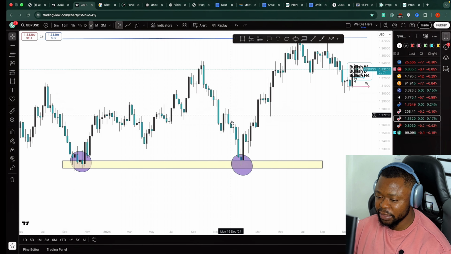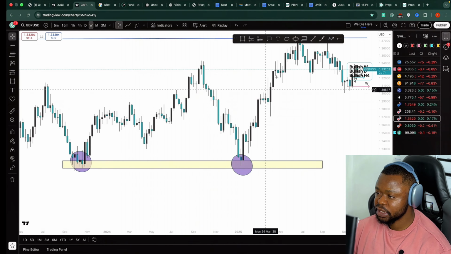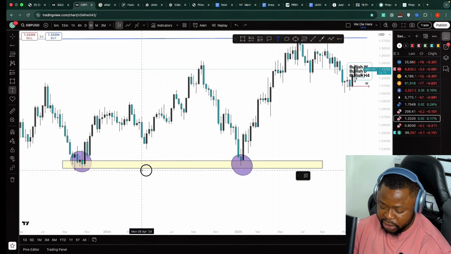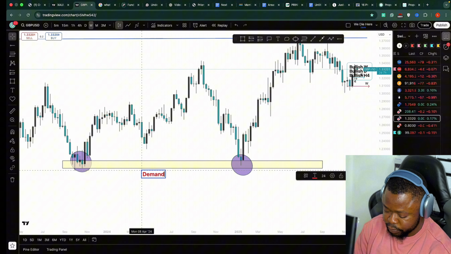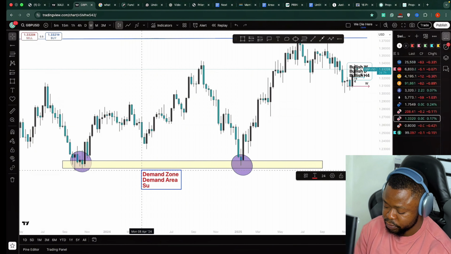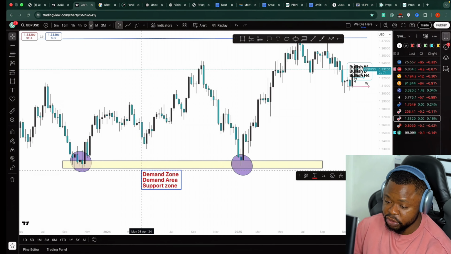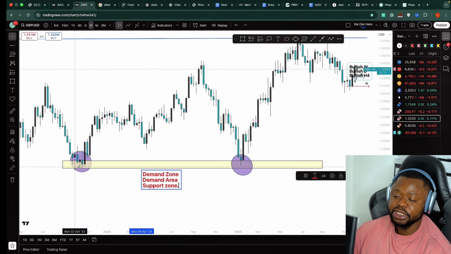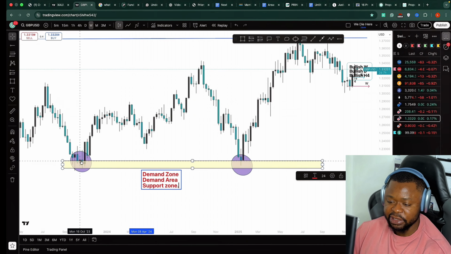You can see as price tapped this zone, this place is termed a demand zone, a demand area, a support zone. Whatever you want to call it, that is what it means. It means basically that buyers are here interacting.